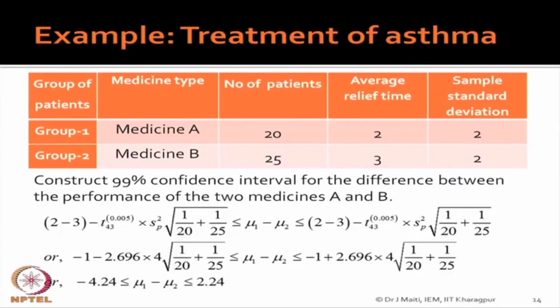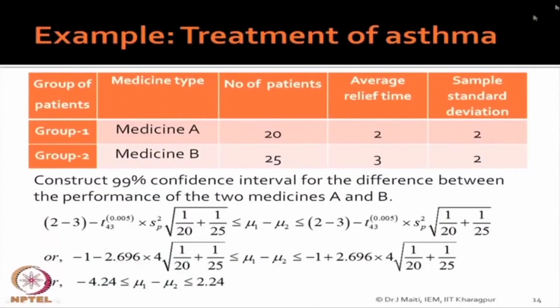If I take medicine A, and these are all emergency medicines, taken when the asthma problem occurs, for relief purposes, then what we have found is that the average relief time is 2 hours. If I take medicine B, the average relief time is 3 hours.